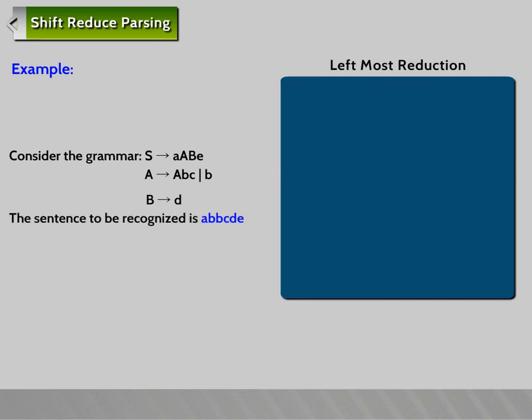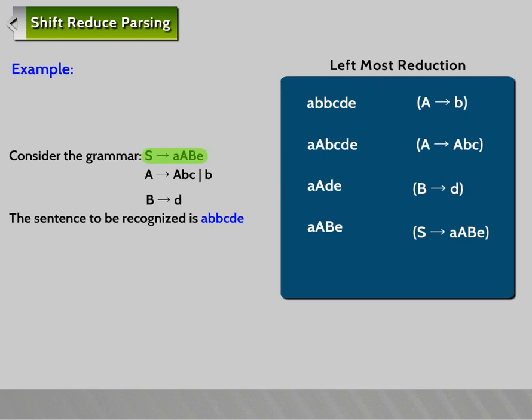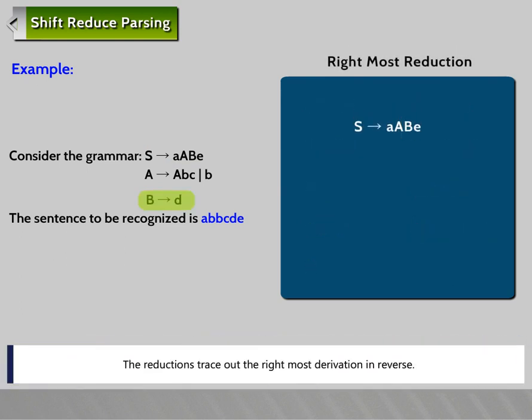The sentence to be recognized is abbcde. abbcde, A provides b, aAbcde, A provides Abc, aAde, B provides d, aABe, S provides aABe, S. So S provides aABe, provides aAde, provides aAbcde, provides abbcde. The deductions trace out the rightmost derivation in reverse.